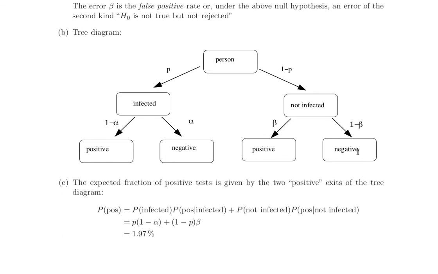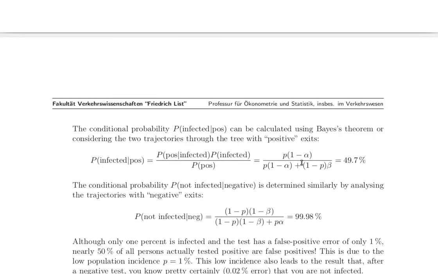And we want to know the probability that you are not infected, provided that you are tested negative. That means you have to take the ratio of this branch divided by the sum of this branch and this branch. So the numerator is 1 minus p times 1 minus beta.